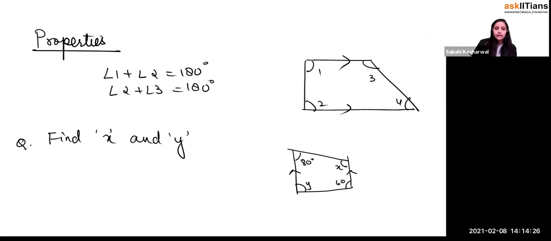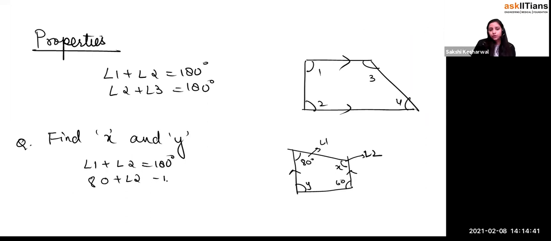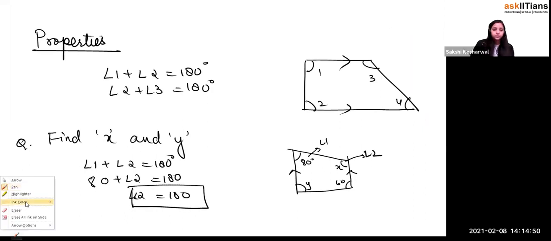See over here, these two are parallel lines. Can I say this is angle 1 and this is angle 2? Angle 1 plus angle 2 is equal to 180 degrees. So 80 plus angle 2 is equal to 180 degrees, so angle 2 will be 180 minus 80, that is 100 degrees. Now let's talk about this parallel side.